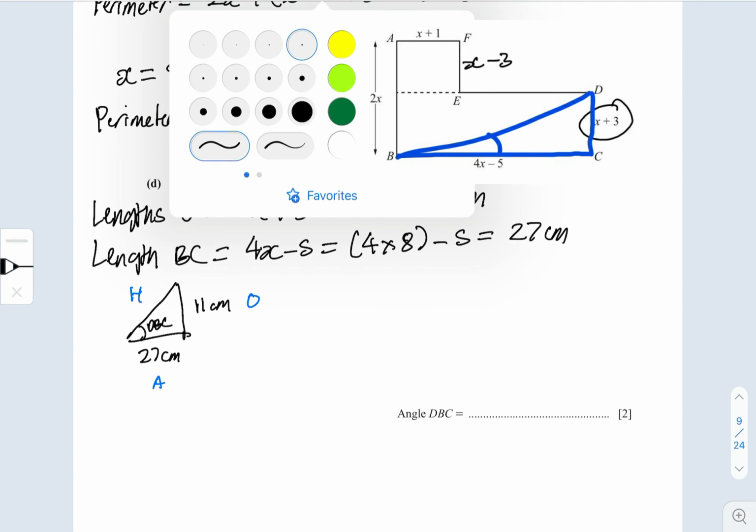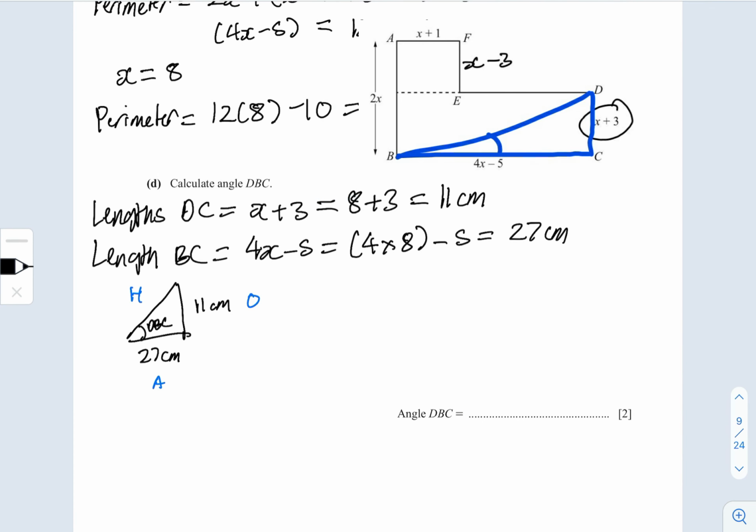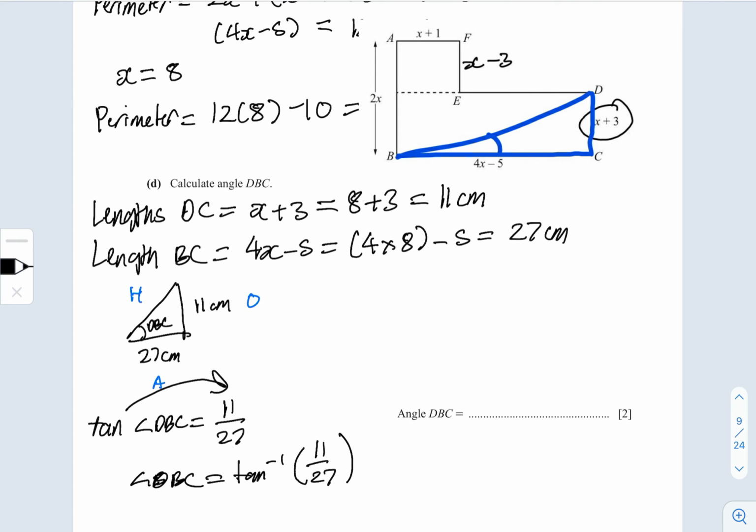You know two of the values, you can use tangent. Tangent angle DBC equals opposite, which is 11, over adjacent, 27. Bring tangent over, you get angle DBC equals tan to the power of -1 of 11 over 27. By plugging that into the calculator, you get an answer of 22.2 degrees. And that's the final answer.